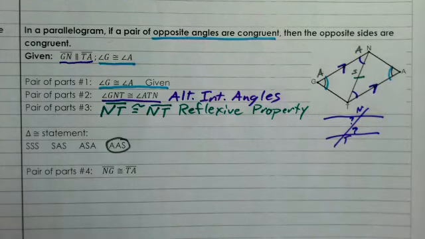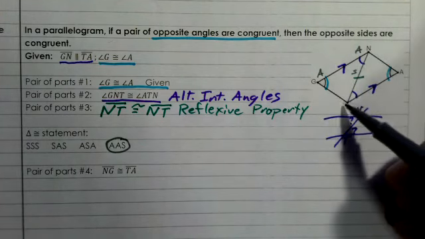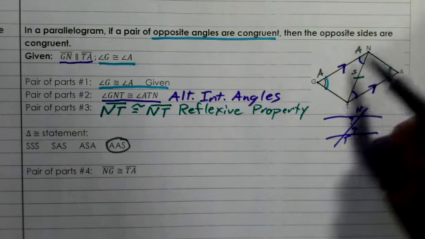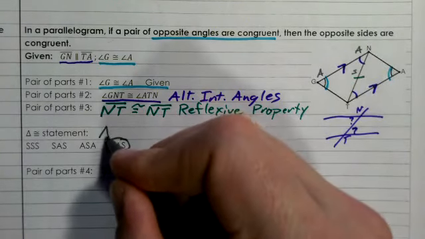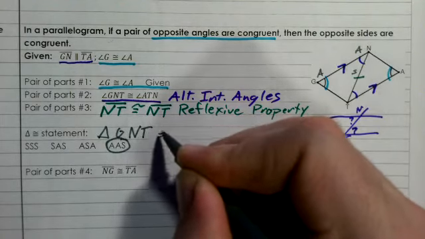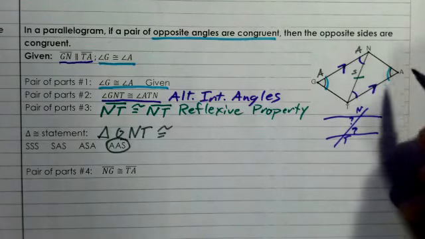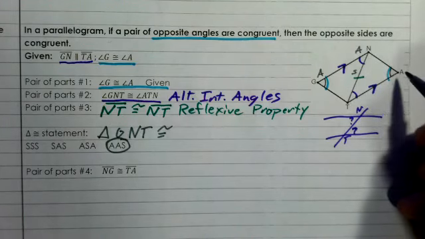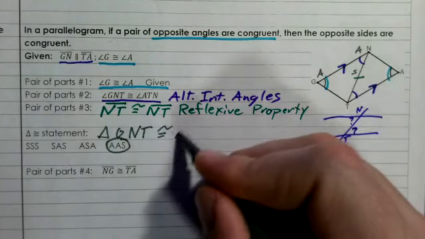And that makes those two triangles congruent. So if I follow my angle, side, I would say triangle GNT has got to be congruent to triangle ATN.